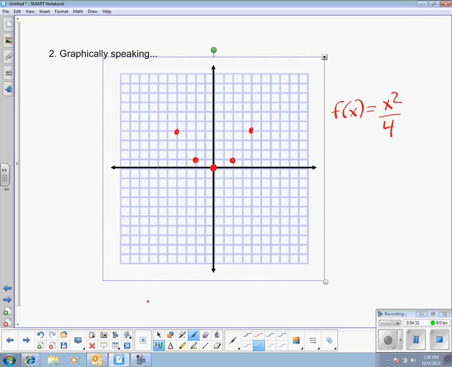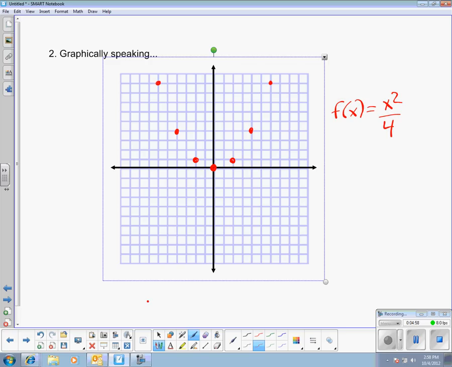Negative 4, 4. And if I plug in 6, then I get 6 squared is 36, 36 divided by 4 is 9. So 6, 9 will work, and negative 6, 9. This is what's called an even function.